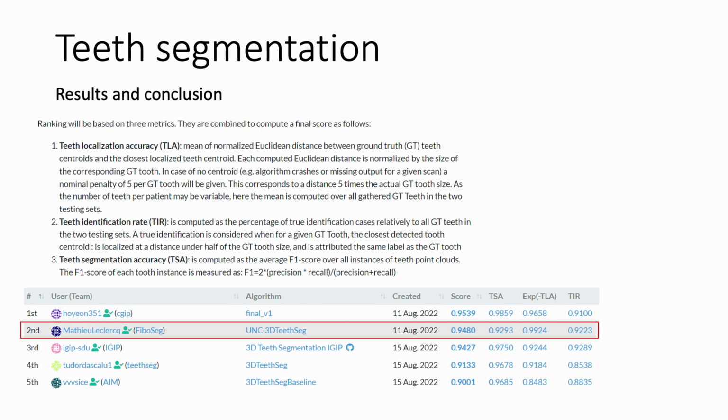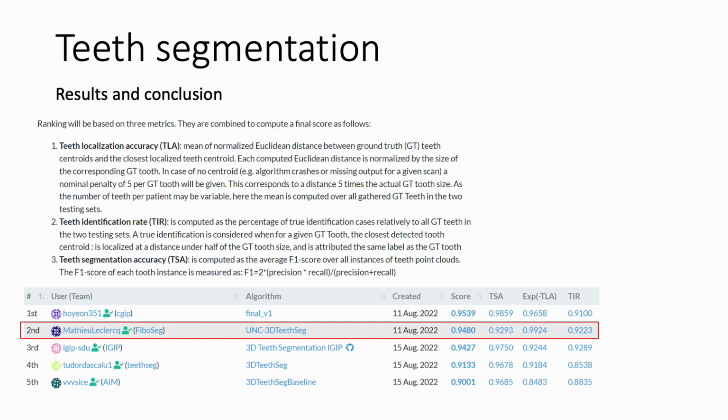Our algorithm got 0.92 for teeth identification rate, 0.93 for teeth segmentation accuracy, and 0.99 for teeth localization accuracy, which gives a global score of 0.948 that ranks us in second place for the challenge.